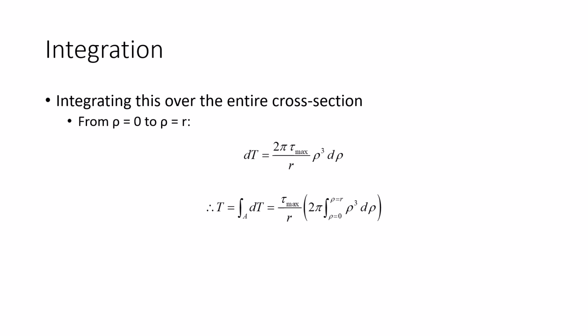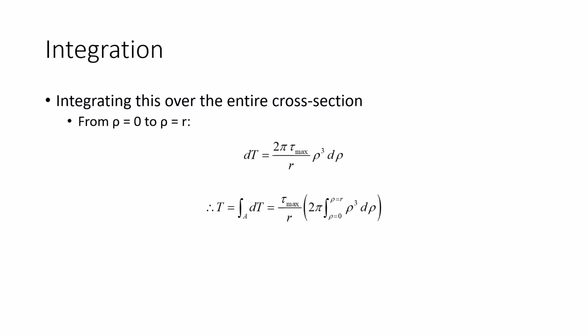Now, the point I'm making is I want to look at what's going on inside that parentheses. I've got 2 pi times an integral from rho equals 0 to rho equals r of rho cubed d rho. Everything inside this integral is a section property.